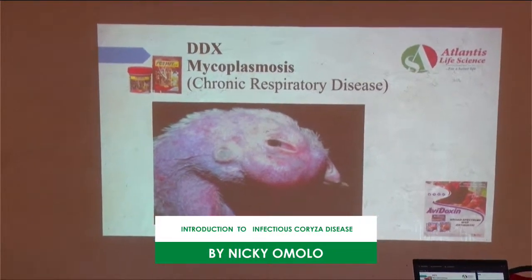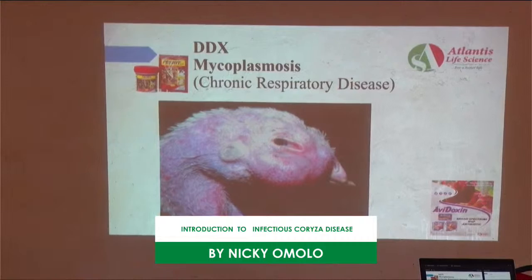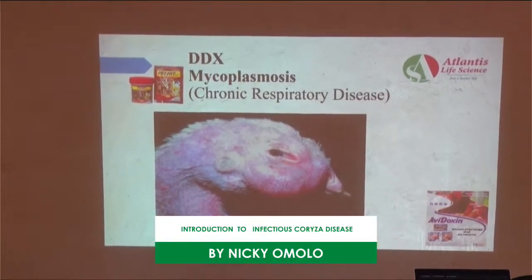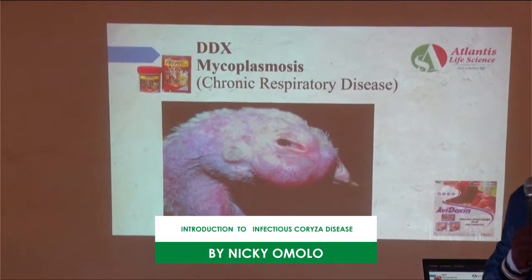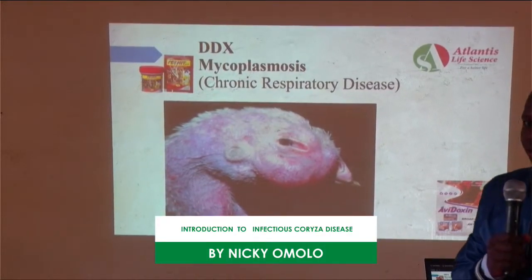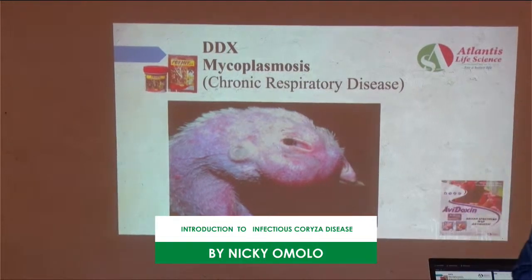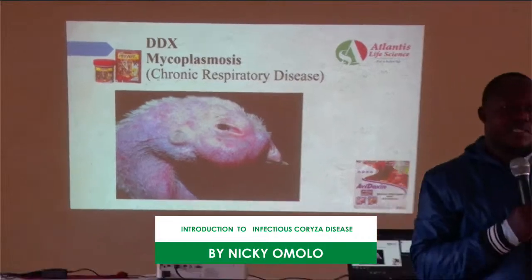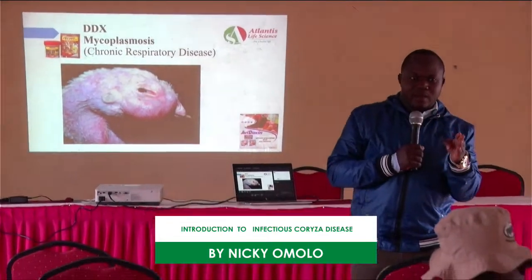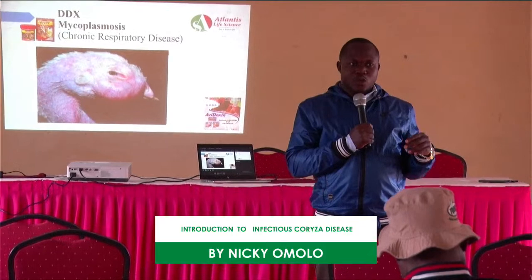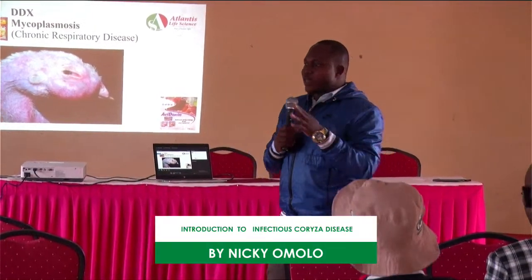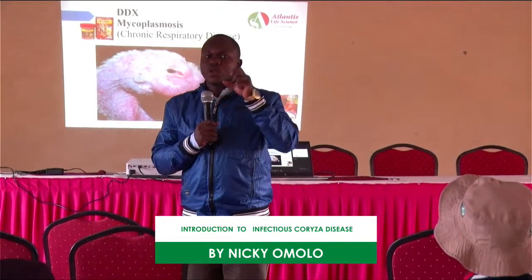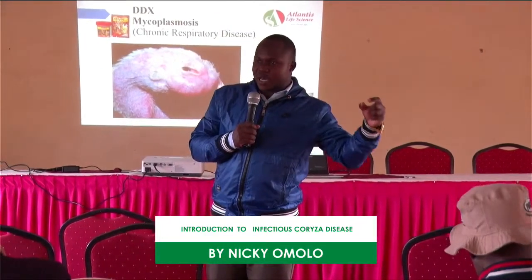Okay? So that is a bacterial disease that can easily confuse you with infectious coryza. And how does it confuse you with infectious coryza? It's because it also has a similar clinical manifestation of the areas around the head being swollen. Correct? But now, what differentiates infectious coryza from mycoplasmosis? You'll find that when dealing with infectious coryza, there is likely going to be what we call unilateral swelling around the head.